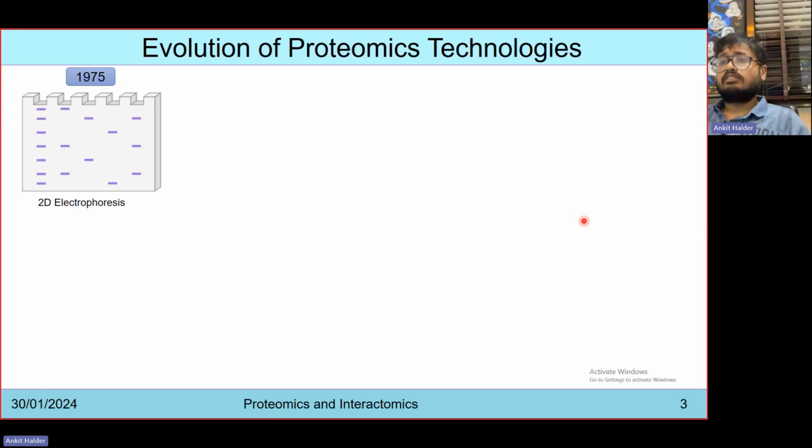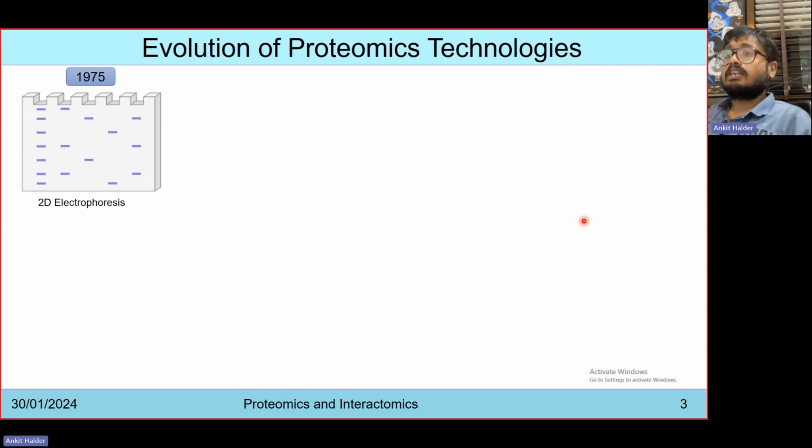In 1975, O'Farrell developed the concept of 2D electrophoresis, which we will also look at in some detail in an upcoming slide. He tried to find protein patterns, protein interaction patterns and differences in proteins, separating the proteins on the basis of two different dimensions.